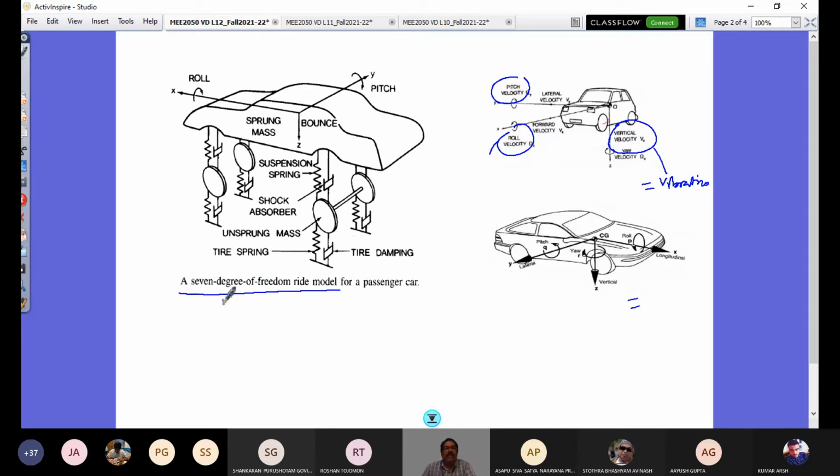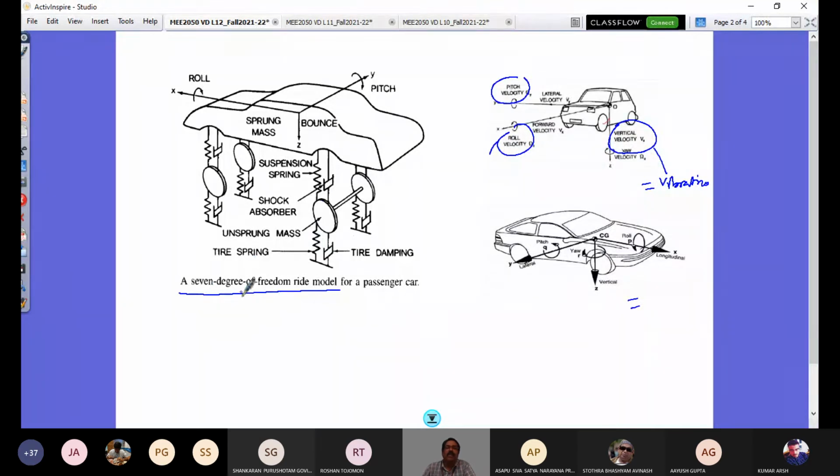When I say 7-degree of freedom, it's not tough for you to follow because we have done the fundamentals of mechanical vibration. Of course, we have looked at single degree of freedom models only, but now you can see that a multi-degree-of-freedom model refers to how many masses there are and their motions describing the degrees of freedom.